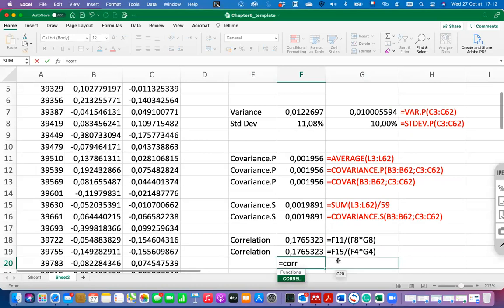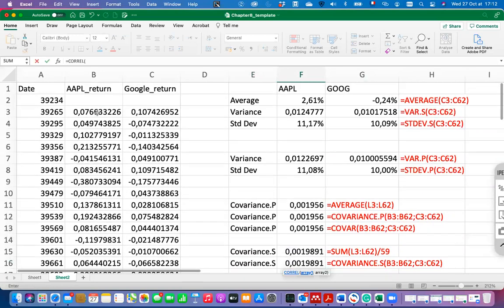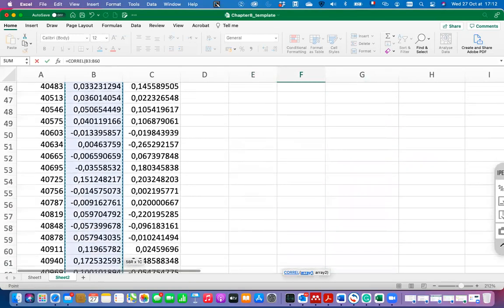Or we can use, see here, the correlation function. But here we have to specify the two arrays or the two vectors, the one for Apple return and the other one for Google return. So we go here. So I have Apple return here.